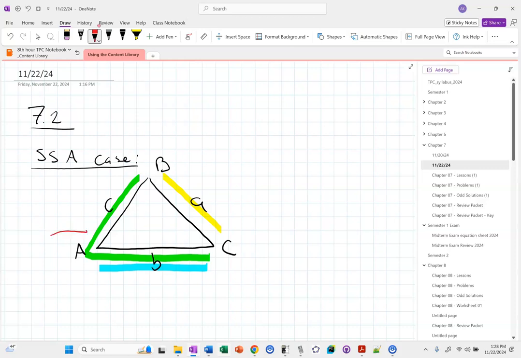I'm going to call the green here, the angle, the GA, standing for given angle. I'm going to call the blue side the OS, standing for other side. And the yellow, I'm going to call the SOGA, which is the side opposite to the given angle.